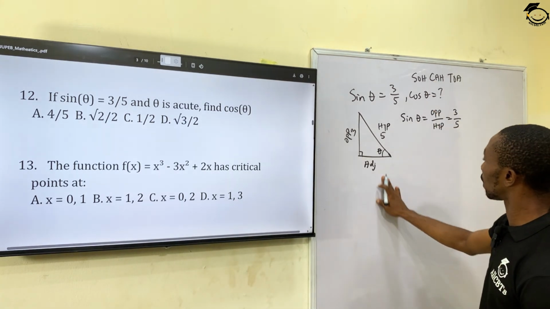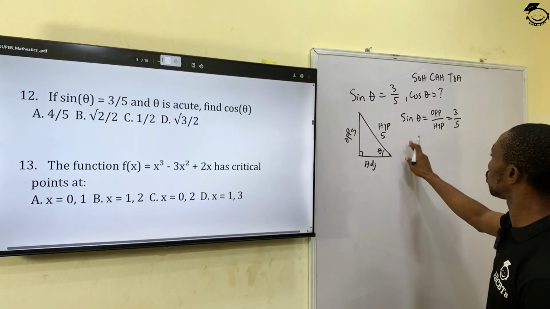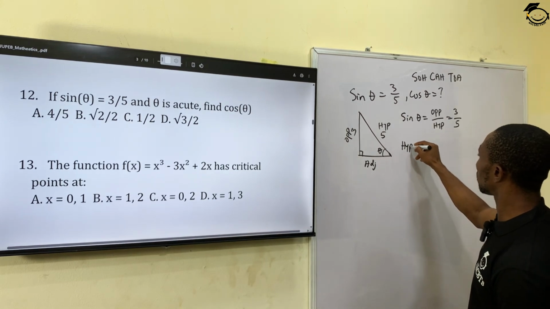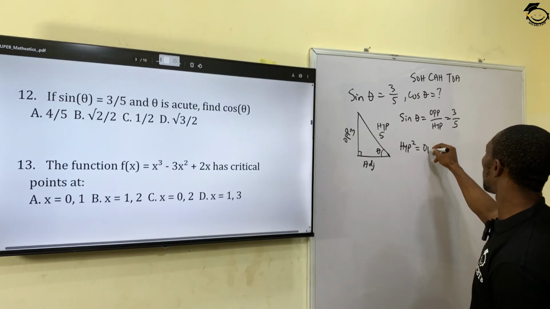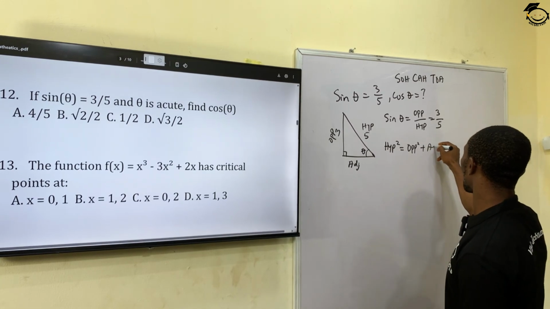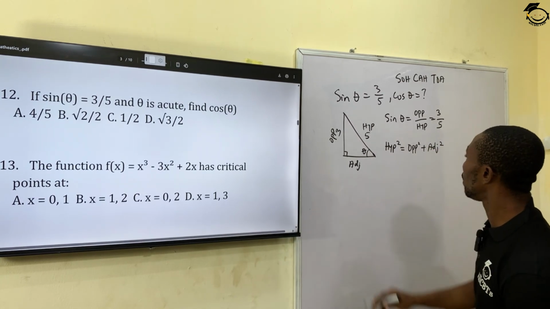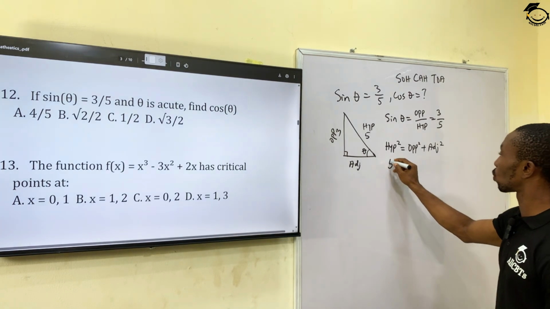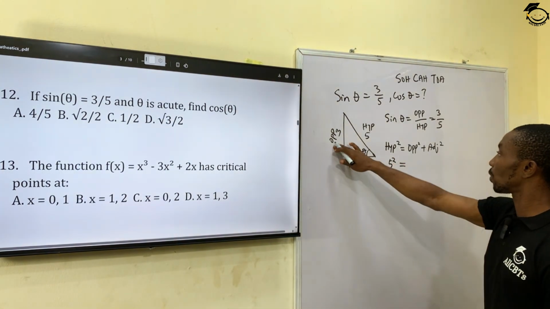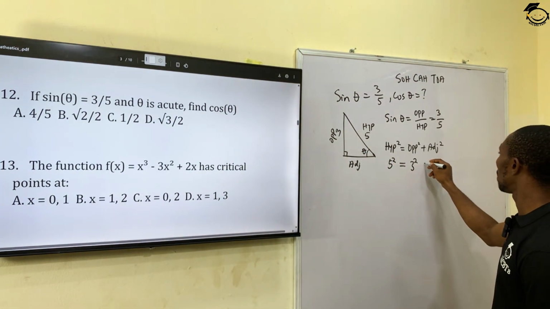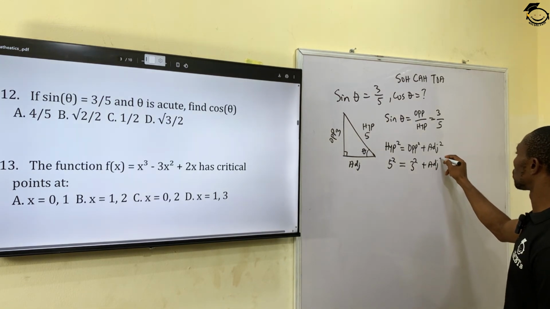To find the adjacent, we'll apply the Pythagoras theorem that states that hypotenuse squared equals opposite squared plus adjacent squared. In this case, 5 squared equals opposite 3 squared plus adjacent squared.